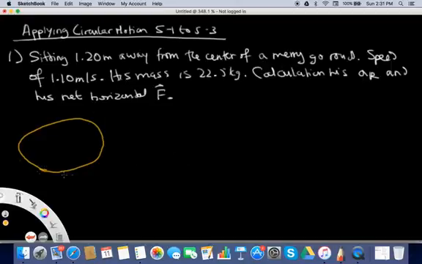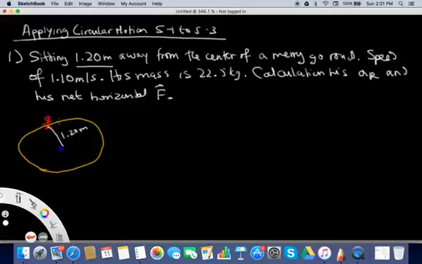So we have this circular merry-go-round, or an attempt to make it circular, and we have a kid at one end of the merry-go-round, and the center, let's say hypothetically, is here. The problem states that this kid is 1.20 meters away from the center, so the distance between this kid and the center is 1.20 meters.